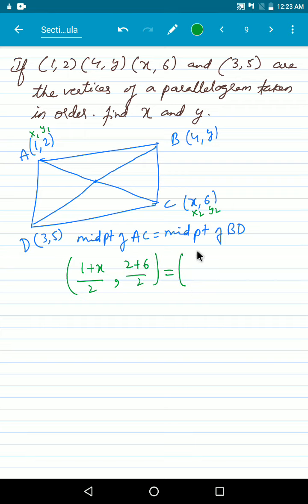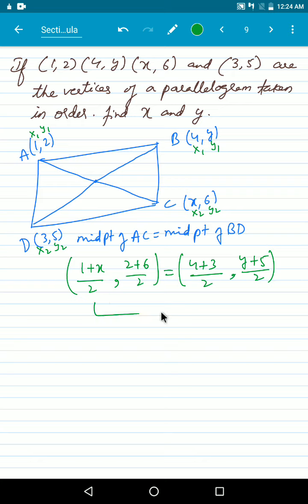It should be equal to midpoint of BD, (4 plus 3) divided by 2, (y plus 5) divided by 2. We are using x1 plus x2 by 2, y1 plus y2 by 2.